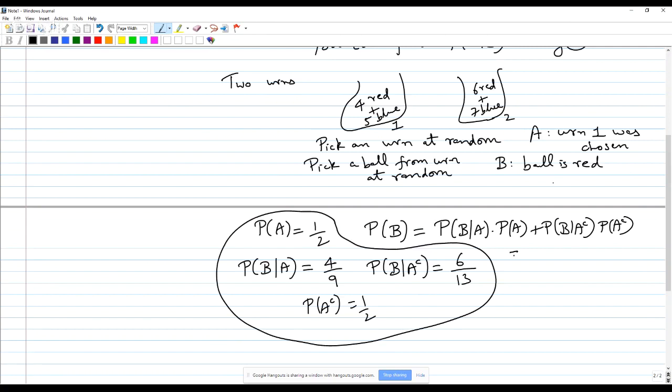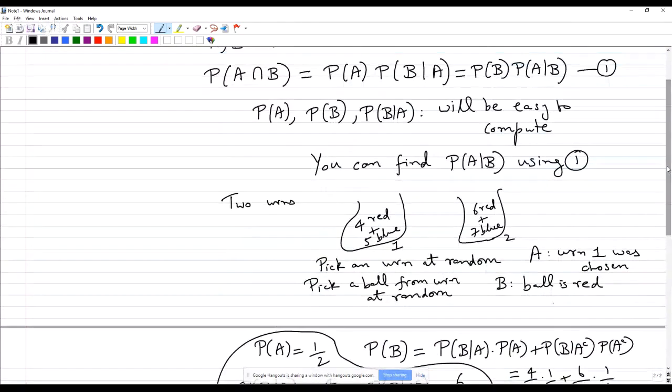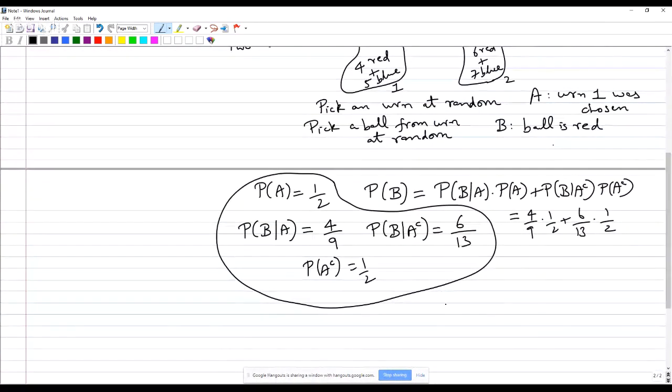I can write it down if you like, 4 by 9 into half plus 6 by 13 into half. So you'll get some number, and then you can go back and use this result here and find probability of A given B.